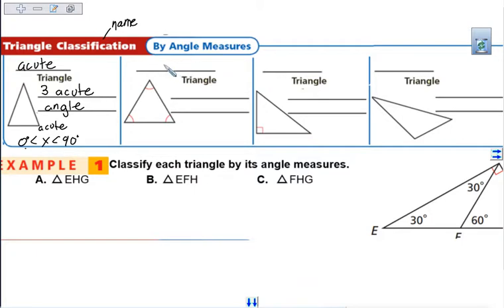Our next kind of triangle is an equiangular triangle. And the reason it is equiangular is because all of the angles are congruent. And the only way for all of these angles to be congruent is if each of those angles equals 60 degrees.